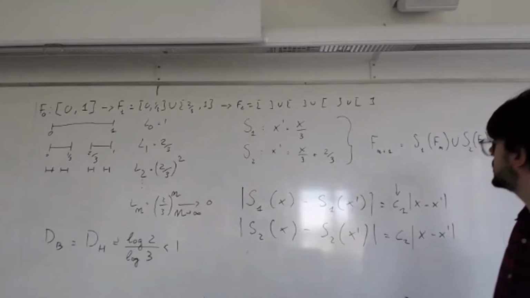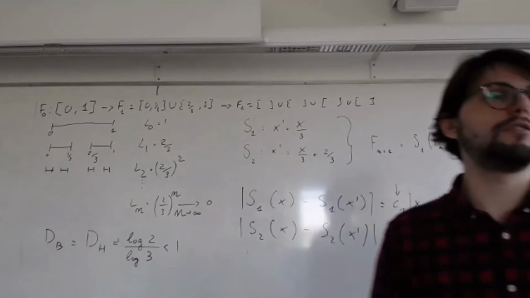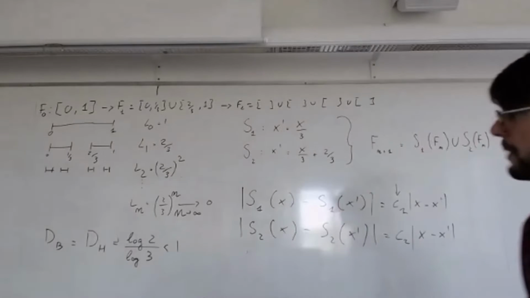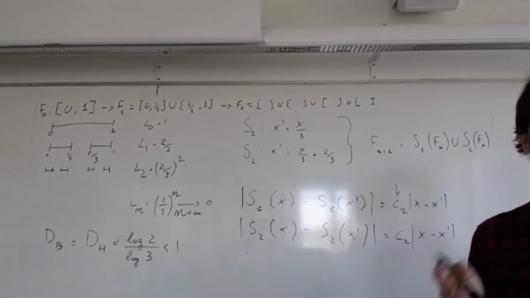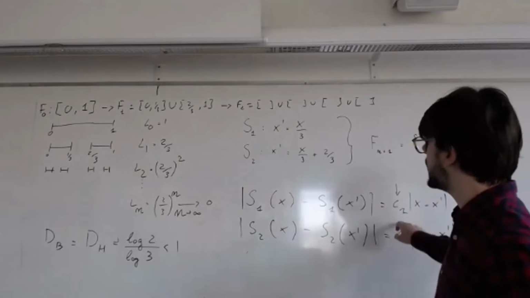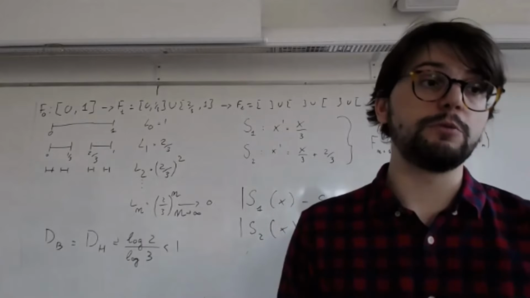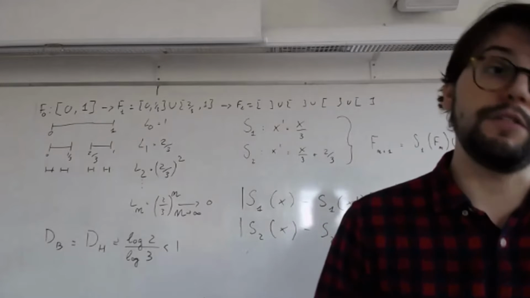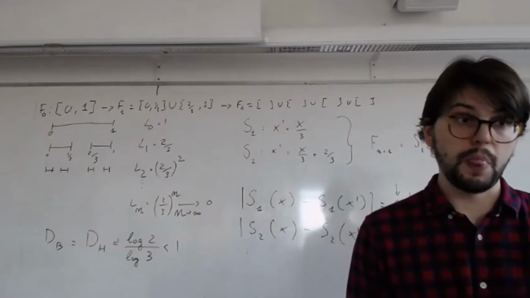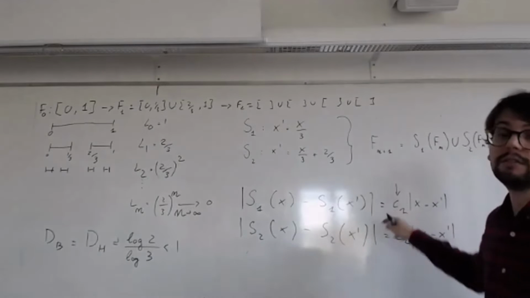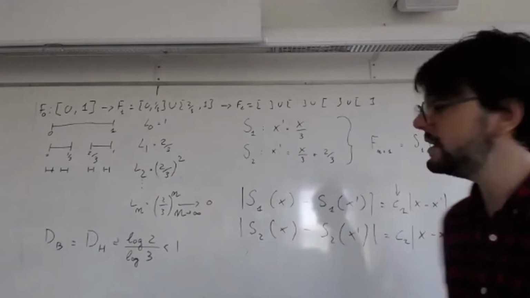So this is not a given. In the case of the logistic function, at each iteration, you will have a different contraction. This is what gives you the complexity of calculating the Lyapunov exponent for a map which is not trivial. But in this case, the C's are constant.